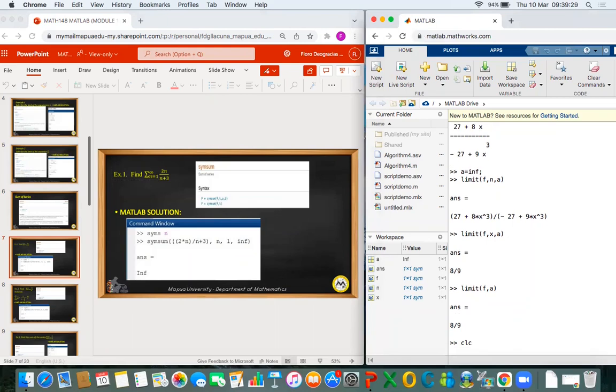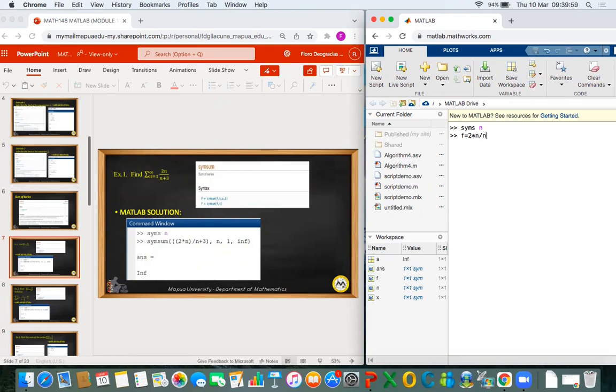Okay, then you now have to declare the variable, which is syms n. Then the function here, f equals 2 asterisk n, all over, so use the right slash, then n plus 3.